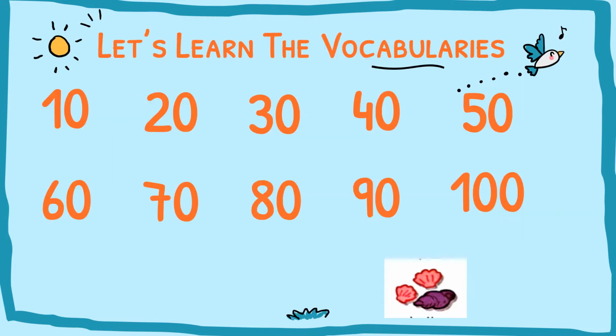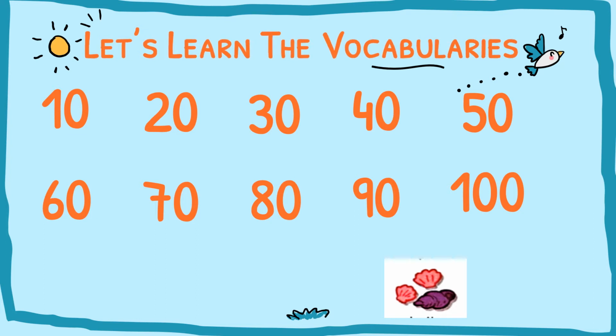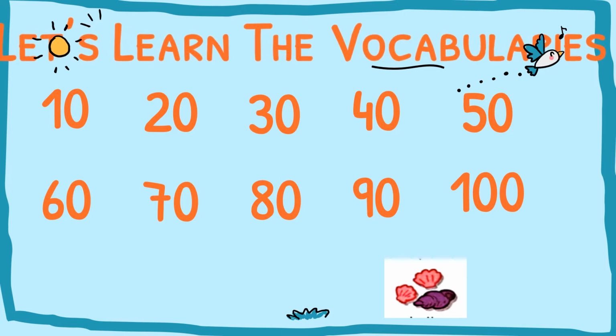Let's continue. Before we start our lesson, let's learn the vocabulary that you will learn this week. The first one is, what number is that? The number is 10. Can you spell 10?